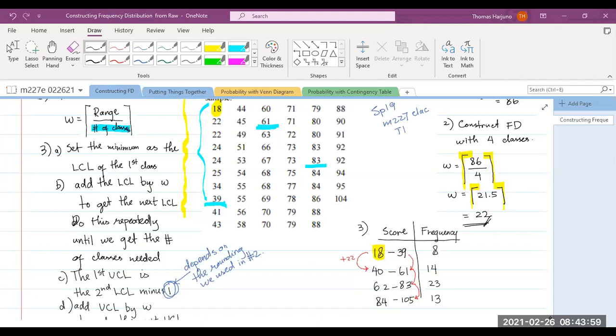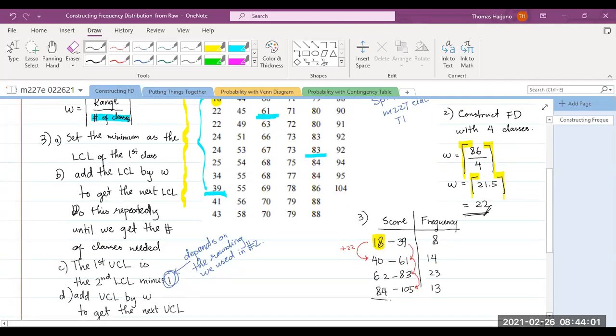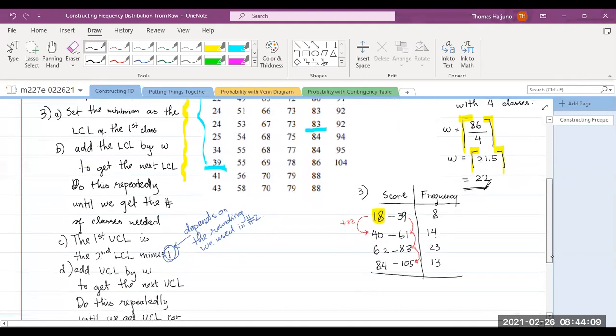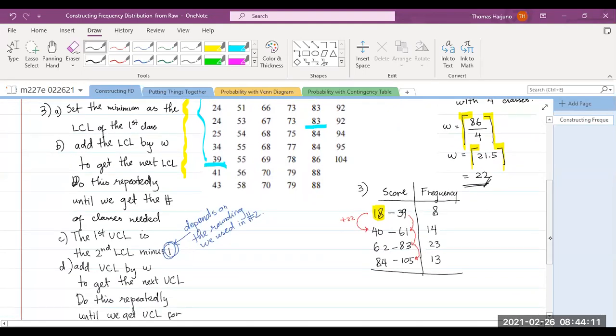Now then, after you're done, you add this. Every time you deal with frequency distribution, you always need to add them, always. Let me add this here. So what is this? This is 58.